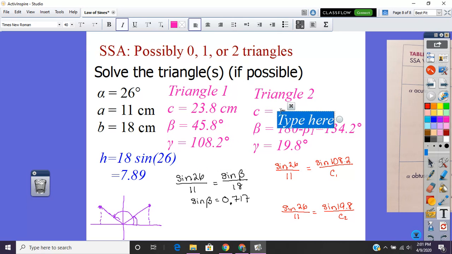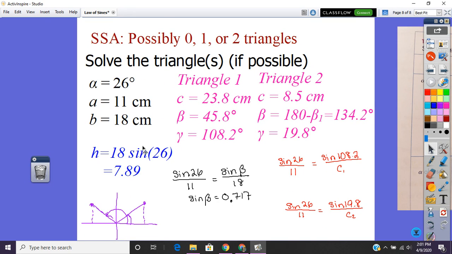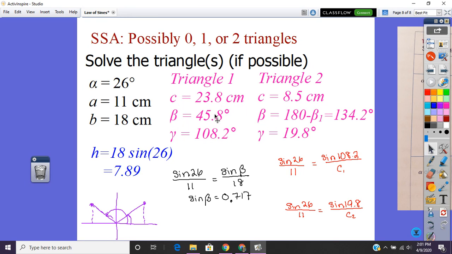And then our measurement over here, if we can keep things exact again, will be 8.5 centimeters. And that's how we find it if we have 2 different triangles that we're trying to solve for. So hopefully this wasn't too confusing. Just do your best, and good luck with all the homework.